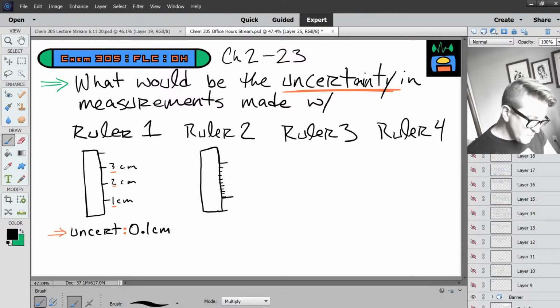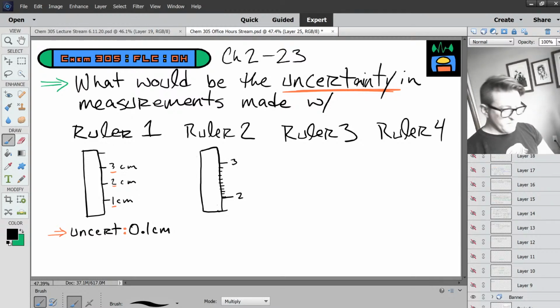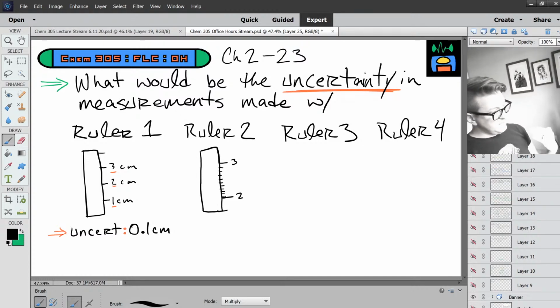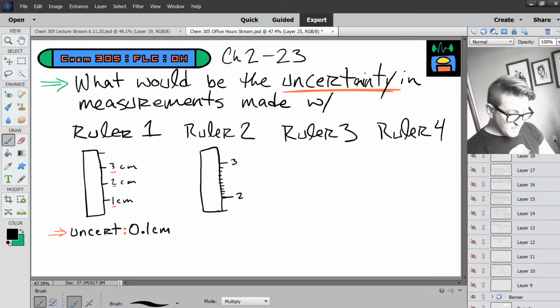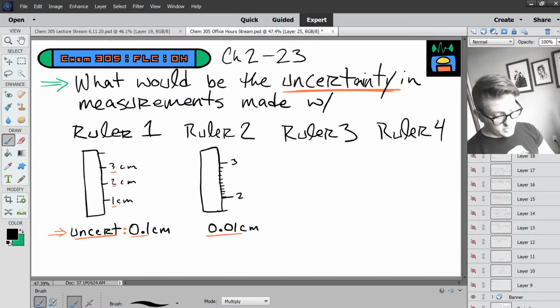So if this was number 2 and this was number 3, ruler 2 has the markings down to the first decimal place, so its uncertainty would be one space beyond that, right? It'd be 0.01 centimeters would be the uncertainty for ruler 2.